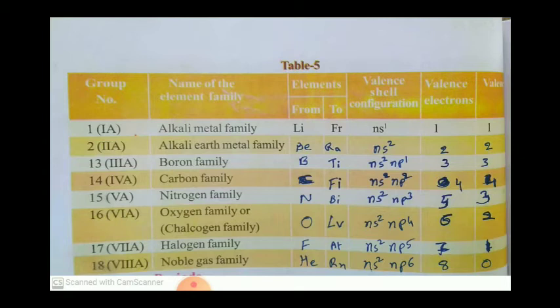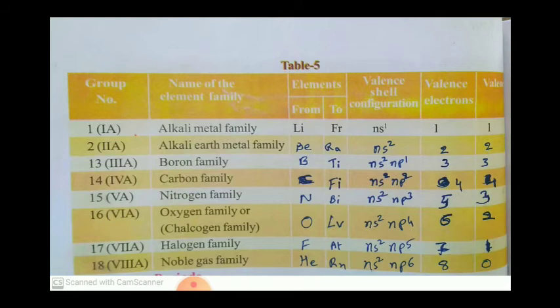If you go through it in the textbook, you can find that the elements with an octet in the outer shell have stability. That's why noble gas family elements are very stable. If an element gets the noble gas configuration, then it will be stable.